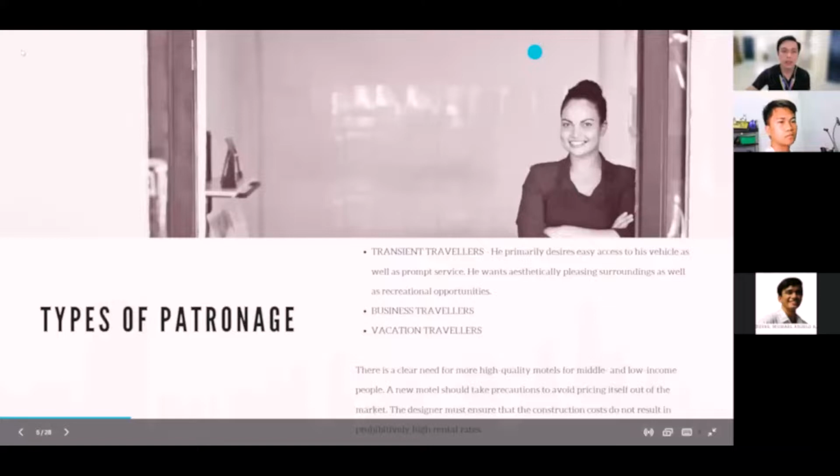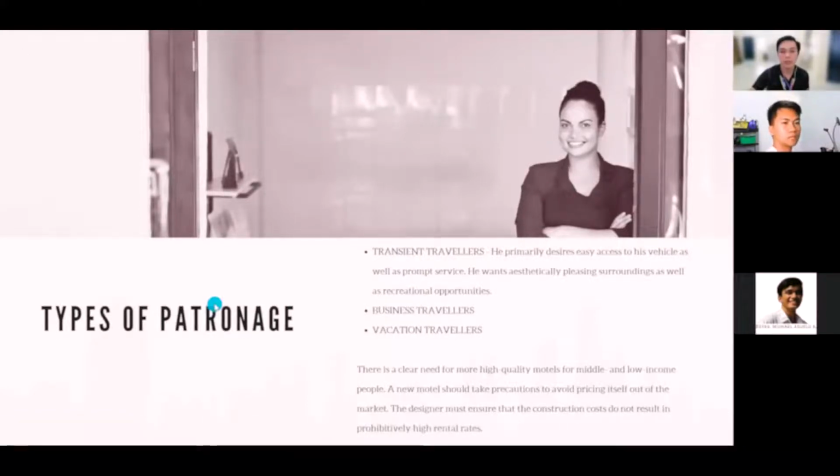Next, types of patronage. So we have 3 types of users. First is the transient traveler. He primarily desires easy access to his vehicle as well as prompt service. He wants aesthetically pleasing surroundings as well as recreational opportunities. Number 2, business travelers, those who are traveling for business. And 3, vacationers.